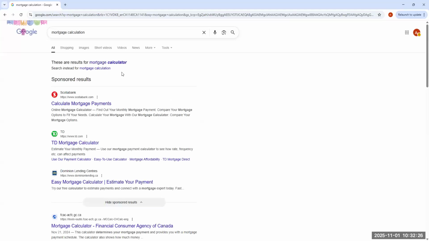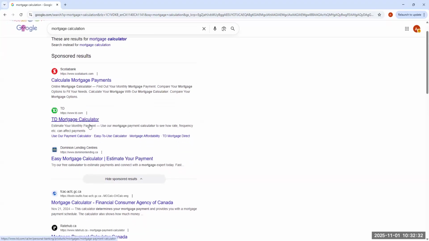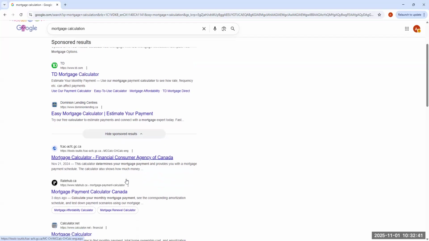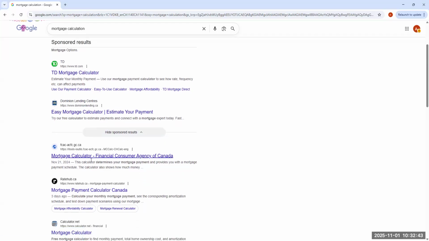Once you click on the mortgage calculation, you're going to see so many different options, mostly from the banks. Forget about those. Go to the Mortgage Calculator from the Financial Consumer Agency of Canada. Can you see that one?